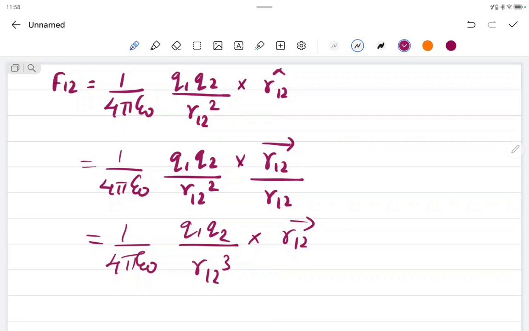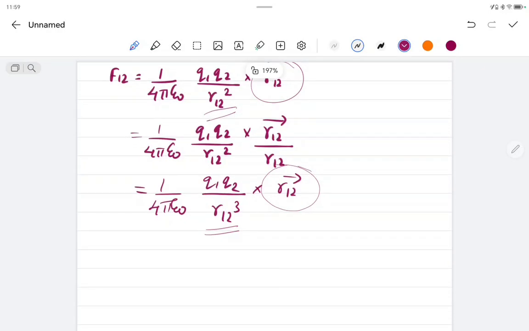If I want to express this as a vector, the cube will come. If I want to express it as a unit vector, the square comes. This is the difference. Both are vector forms of Coulomb's law. And you should know that F12 is the negative of F21.